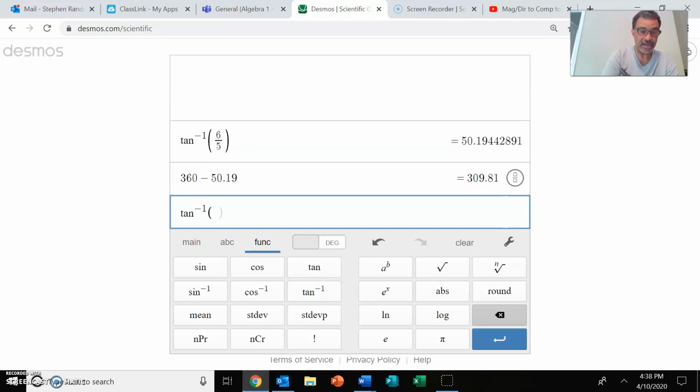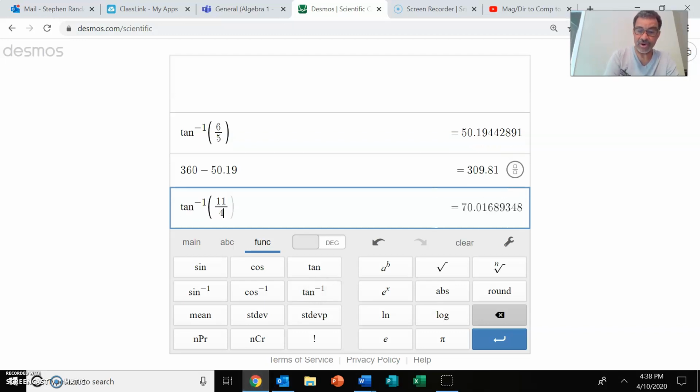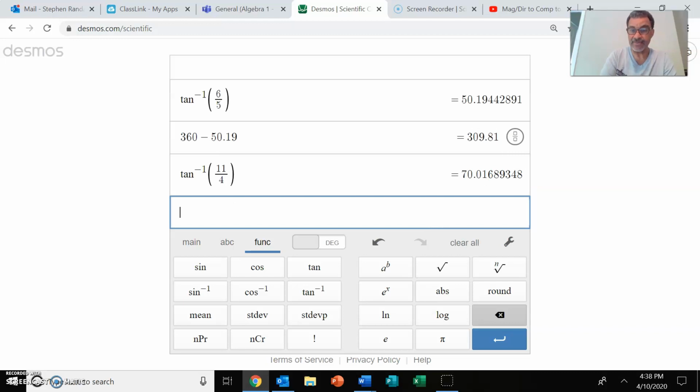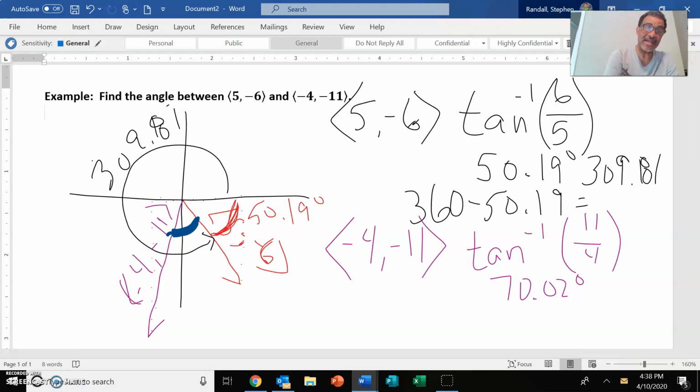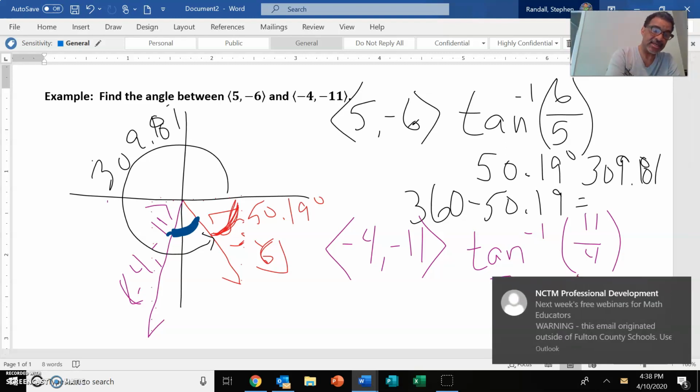Tangent inverse of 11 over 4 is 70.02. So that is 70.02 degrees. But again, that is not the direction. That is this angle right here.